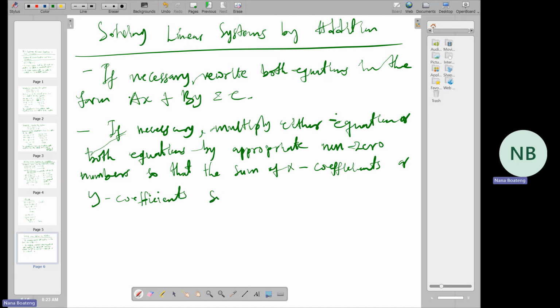And so once we do this multiplication where the coefficients can sum up to zero, we can add both equations.